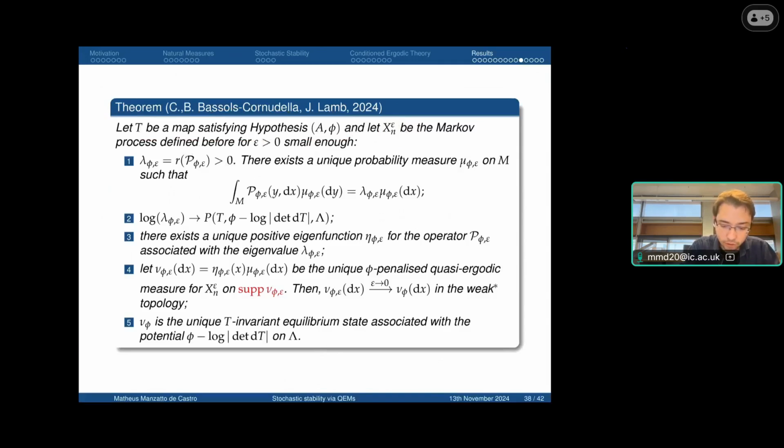You would have some PDE satisfying this, so it would be the Fokker-Planck equation here, right? True, exactly. This is what I have in mind. Yes, and then the other one, the zeta, would be solving the Kolmogorov equation. Combining both of them, you obtain a quasi-ergodic measure as before, from the solutions of these two PDEs, and hopefully, if epsilon goes to 0, you obtain an equilibrium state for the flow.